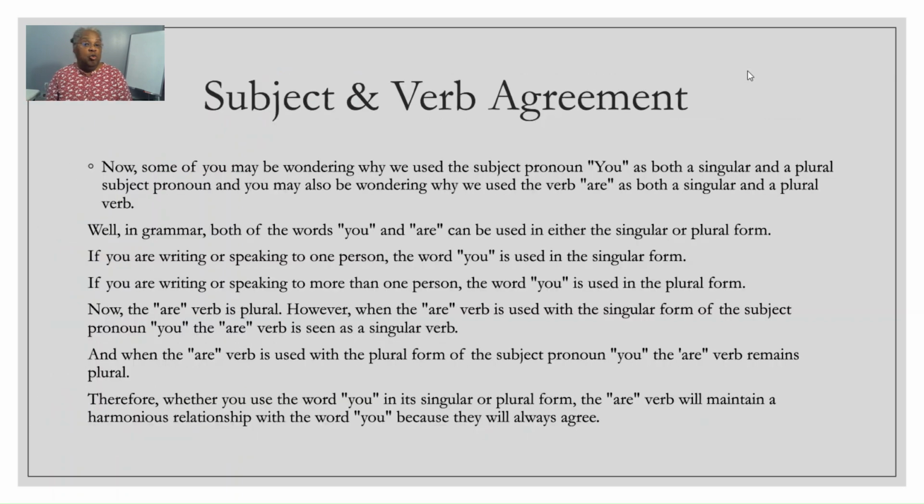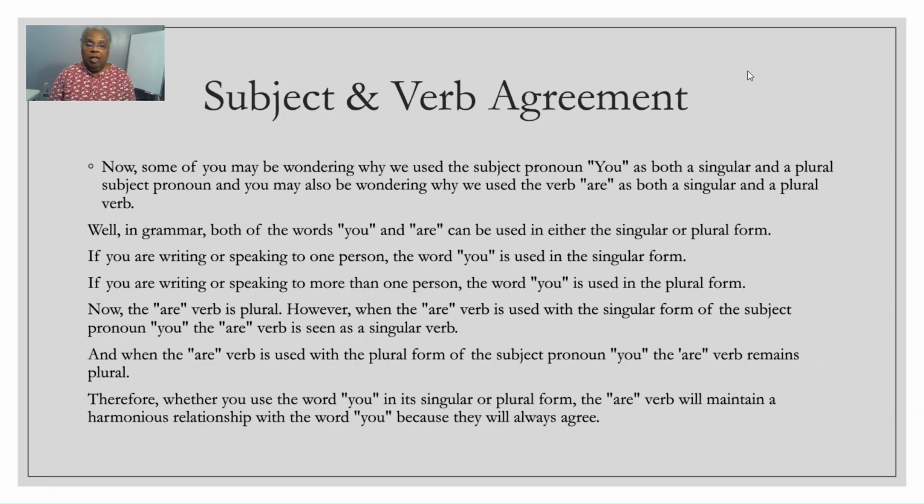Now, some of you may be wondering why we use the subject pronoun you as both a singular and a plural subject pronoun, and why we use the verb are as both a singular and a plural verb. Well, in grammar, both of the words you and are can be used in either the singular or plural form.